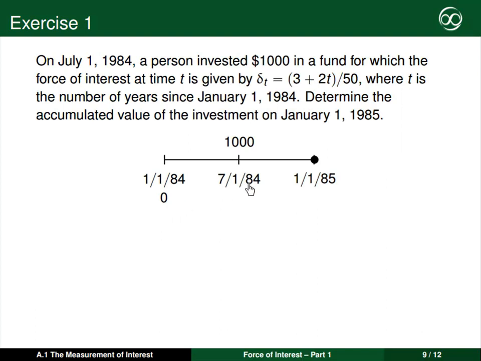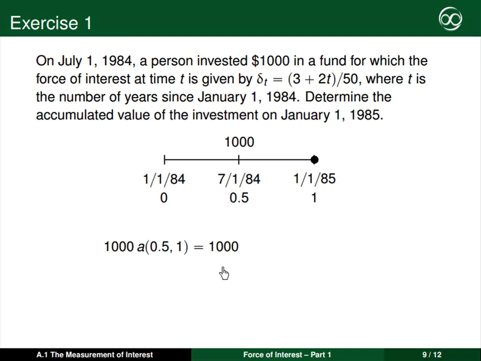And so now this is, I believe, 6 months later, so half of a year, so time 0.5. And then this is 1 year later, so let's call that time 1. So I'm going to take this $1,000 and I want to accumulate it from time 0.5 to time 1. So I multiply by the accumulation function from time 0.5 to time 1. And how do we do that? Do we look back at a formula?